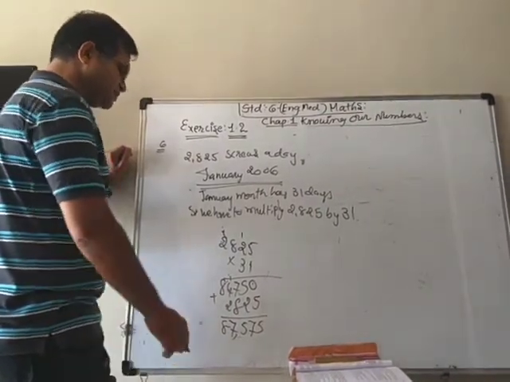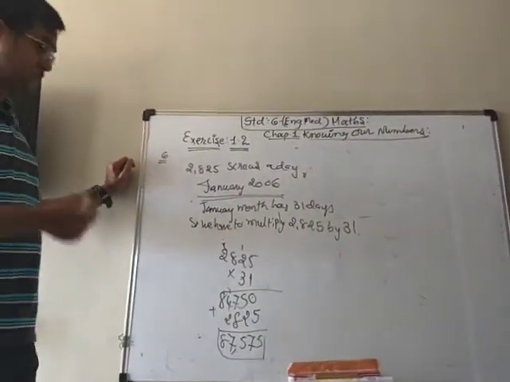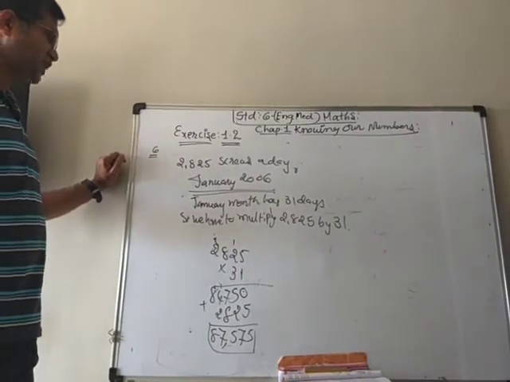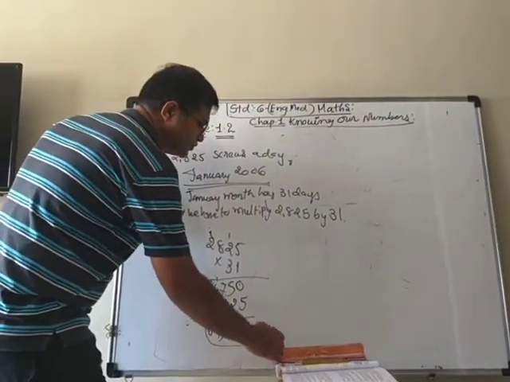So it means that in the month of January, they have manufactured 87,575 screws.